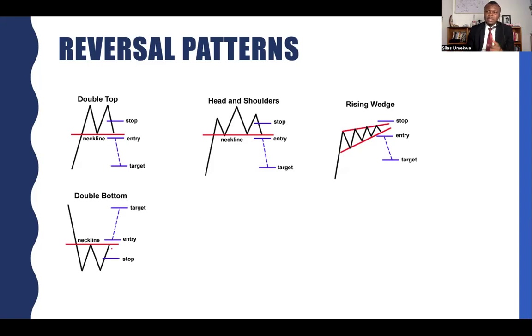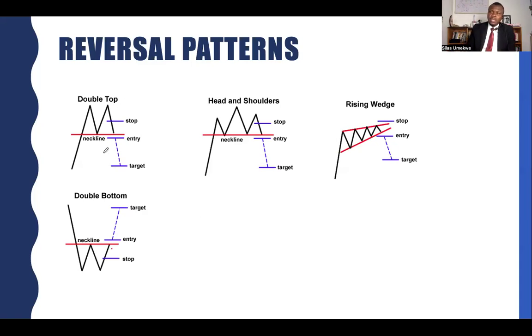So this is the inverted version of the double top. That's the double bottom. So some people call the double top the M formation, while some other people call the double bottom the W formation, right?